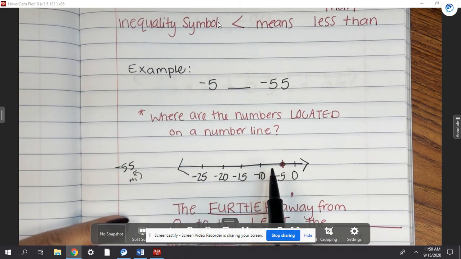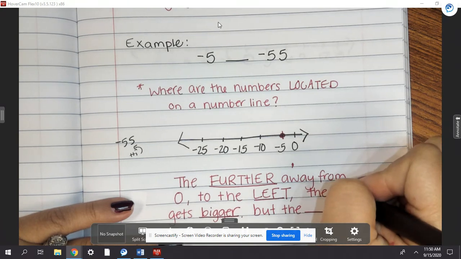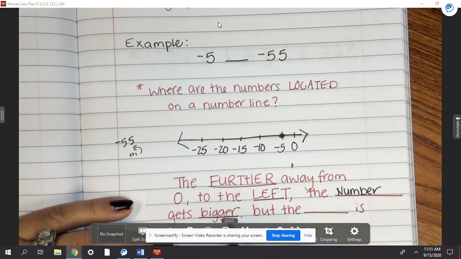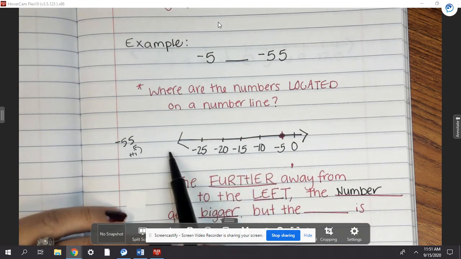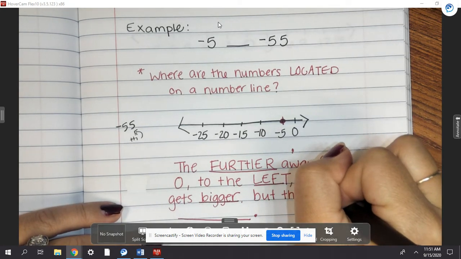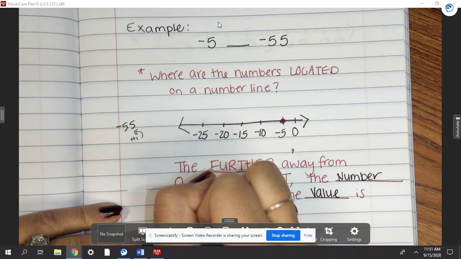Now, one of the things I want you to know is that the further away from 0 to the left, the number gets bigger, right? So these numbers are getting bigger, 10, 15, 20, 25, 30, 35, 40, but the value is smaller.